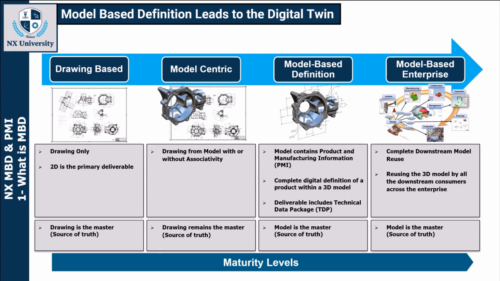So this model contains product and manufacturing information. It completes that digital definition of a product within a 3D model, and the deliverable includes technical data packages as well. Now the model is the master, that is the source of truth. The benefit here, if the model changes, the features change on that model, this is all communicated downstream to our other operations throughout the enterprise.